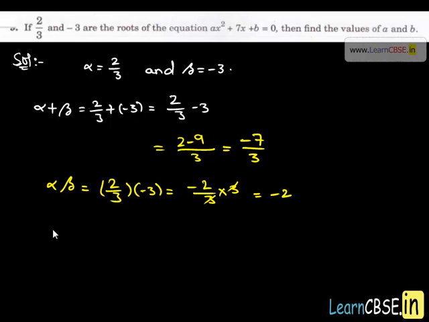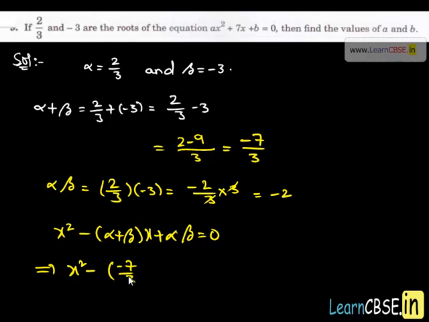We already framed an equation whose roots are alpha and beta: x² minus the sum of the roots, which is alpha plus beta, times x plus the product of the roots. By substituting these values, we get the equation x² minus (-7/3) times x plus (-2), which is equal to 0.